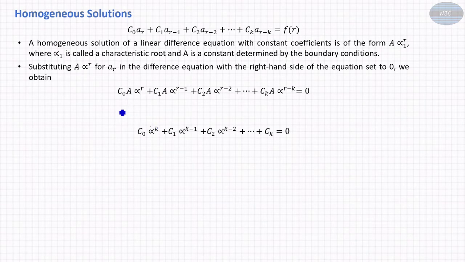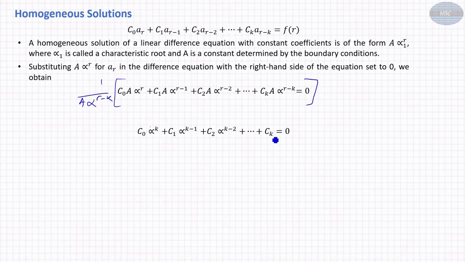So in this particular step, when you divide by a into alpha to the power r minus k, then we will get this particular step. So a into alpha to the power r minus k will be cancelled out.